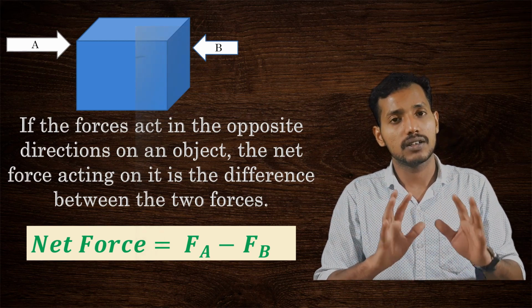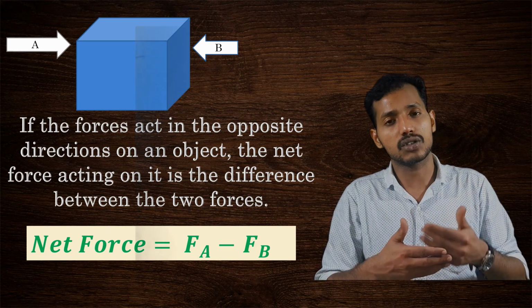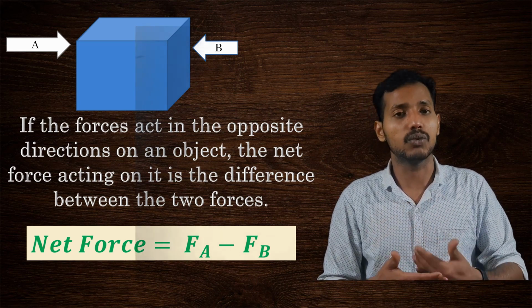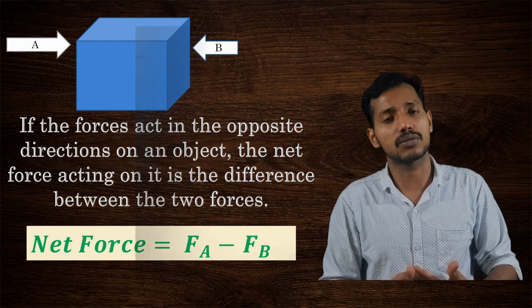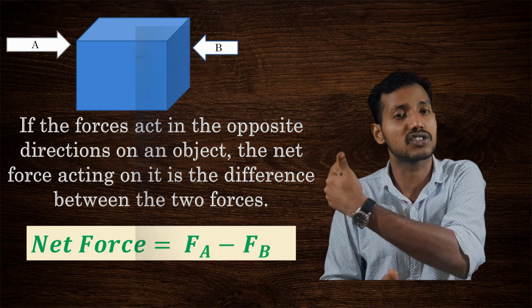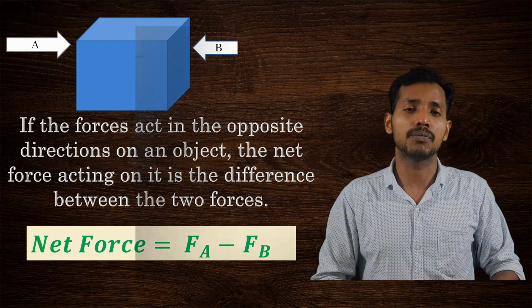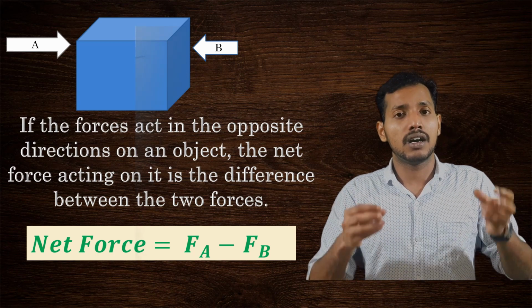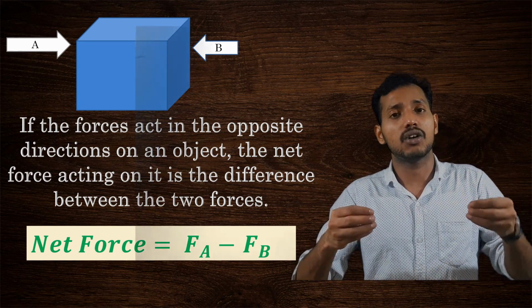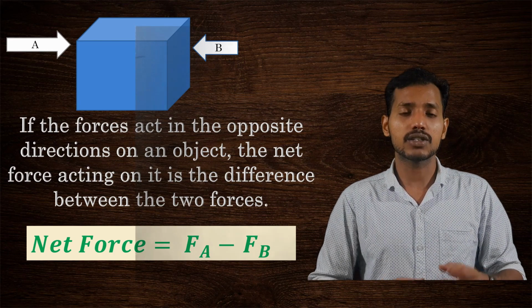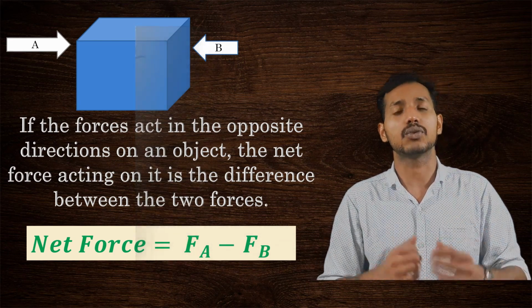In that case, the net force is the difference of the individual forces, that means FA minus FB, where FA is the force applied by person A and FB is the force applied by person B. So this is the basic thing we need to remember in case of multiple forces acting on an object. Clear?